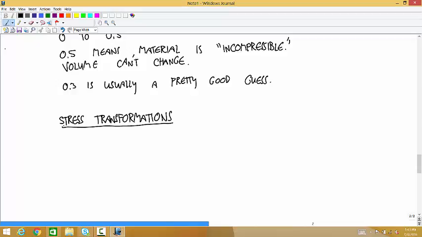And this is going to come up pretty often. So often we'll want to re-express a stress tensor in a new coordinate system.